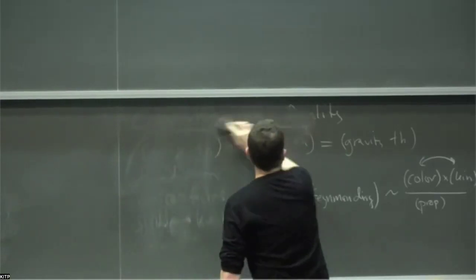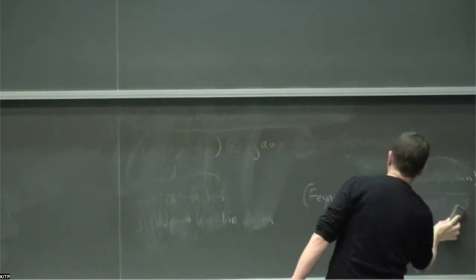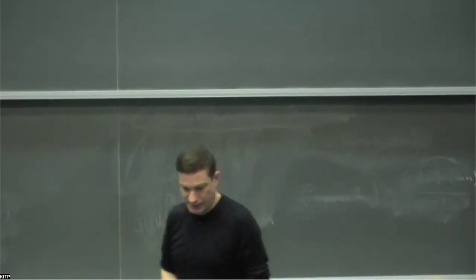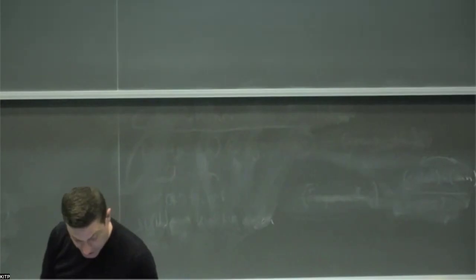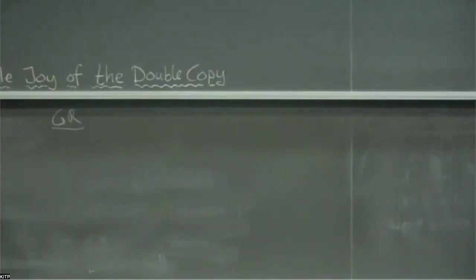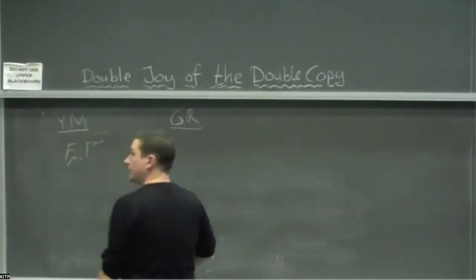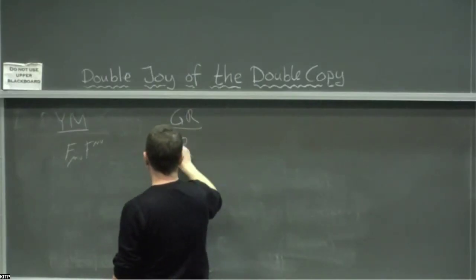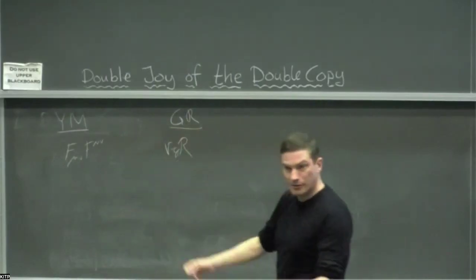So let me start by saying it's quite surprising that there is a relation between Yang-Mills and GR because the theories are quite different, right? So if I just do a naive comparison between Yang-Mills and GR, the Yang-Mills Lagrangian is quadratic in the curvature field strength. Here, the GR Lagrangian is linear in the curvature.